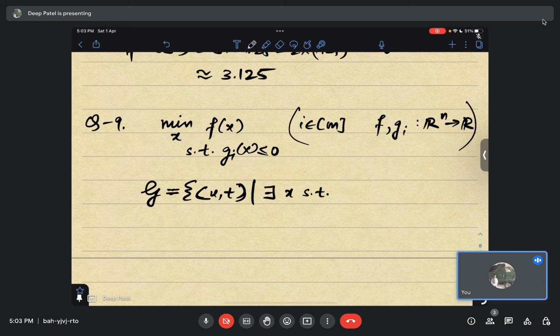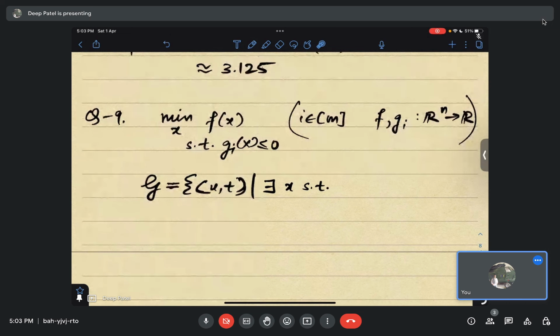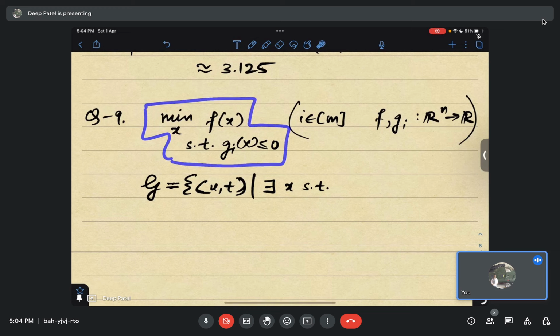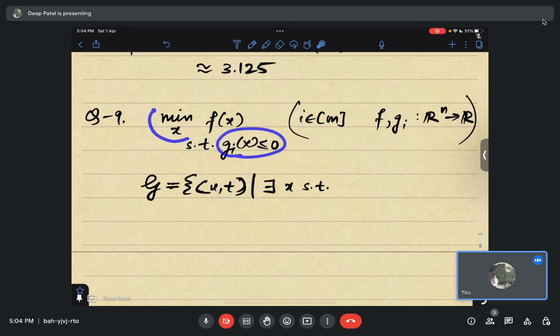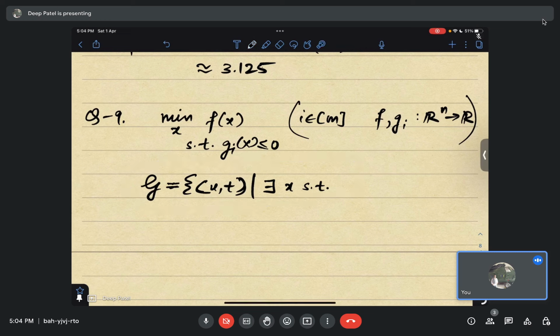And we are given the set G. Remember the comment that to understand this optimization problem, we will look at the joint space where the variables correspond to the constraints and our optimization variables, which is x. So we will go to that space. That's what we are defining, that space which we want to traverse.